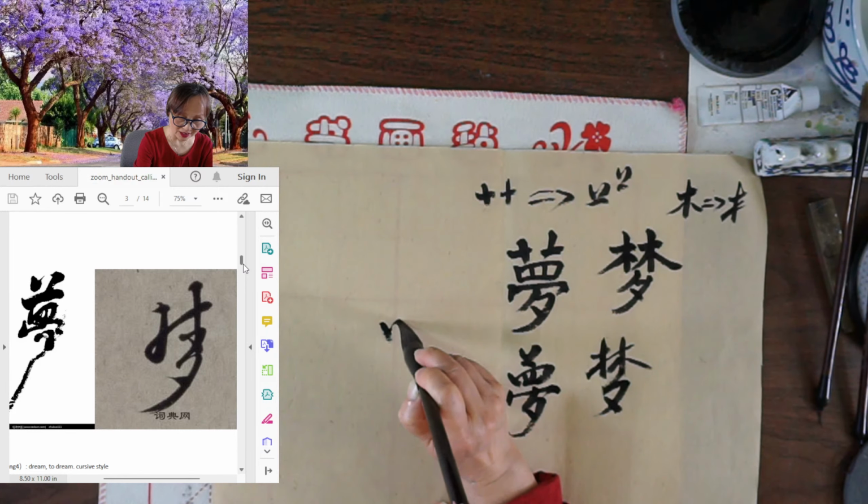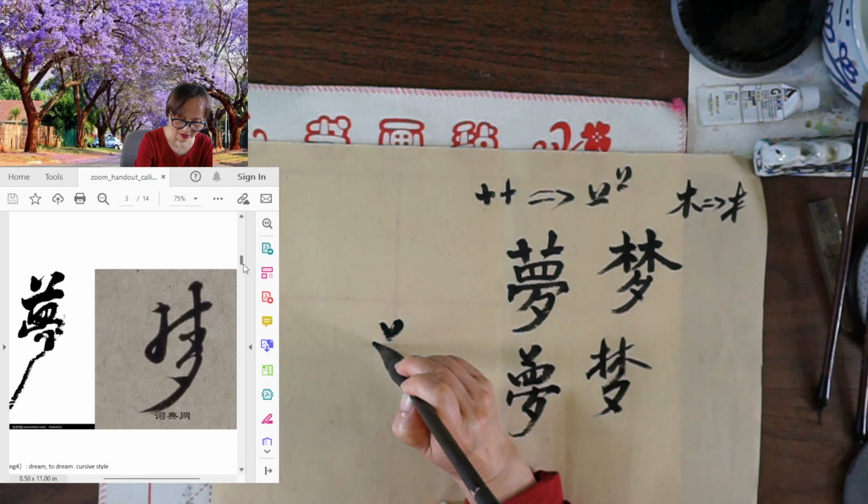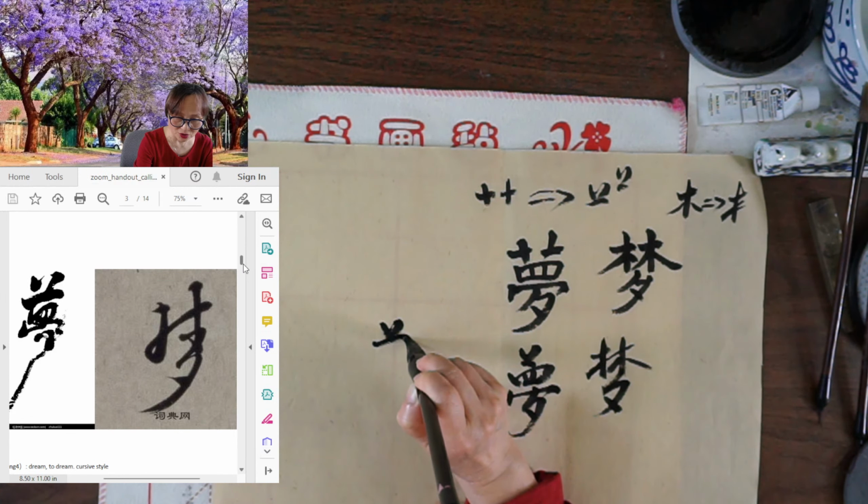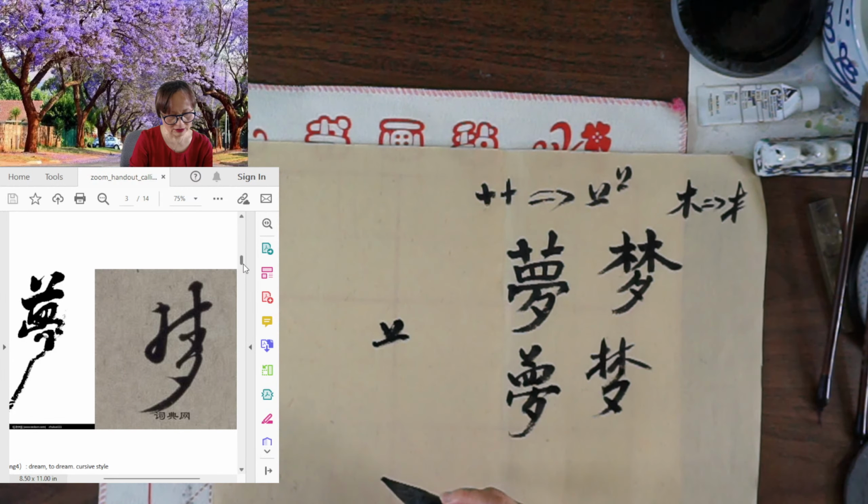Two dots connect, and then the horizontal. I said even for the grass, or say cursive style, the first one, two, or even three strokes, they try to make very clear. Otherwise, people cannot recognize it, sometimes, for the purpose.